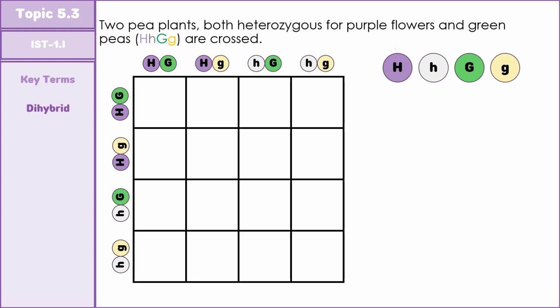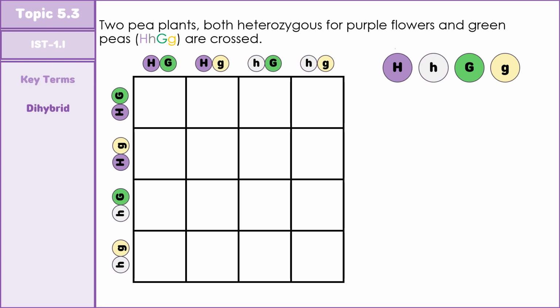So we have two separate genes that we're looking at. Some of the trouble that students have is determining what the potential gametes of these individuals could be. So that's where we're going to start.